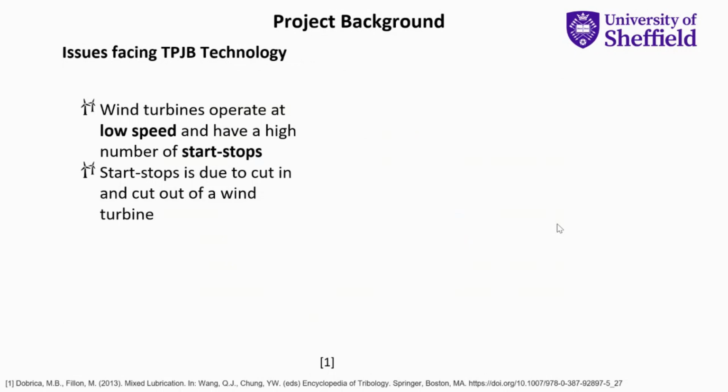So when the wind turbine's operating at too low speeds, the wind turbine won't be turning and it will shut down. Or if it goes too high, it threatens the mechanics of the wind turbine, and therefore the wind turbine also shuts down.